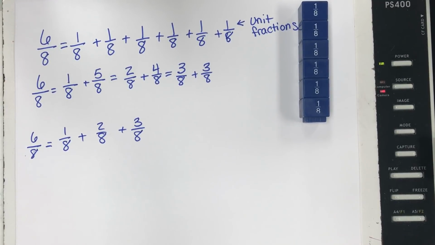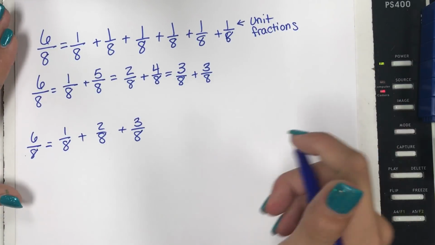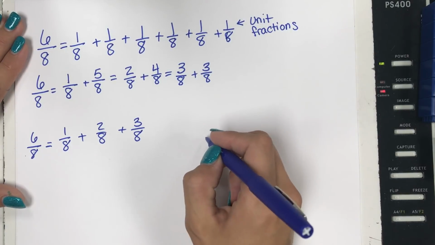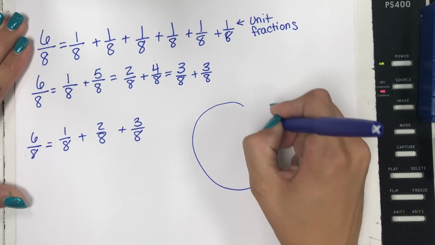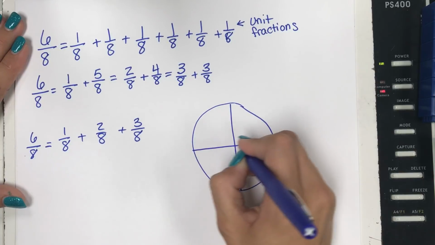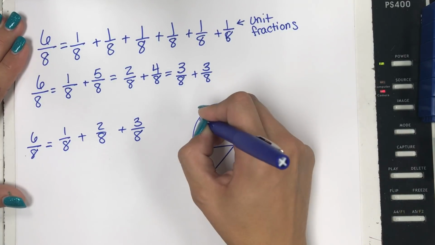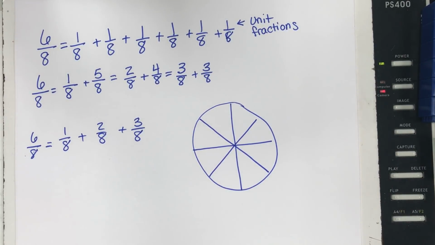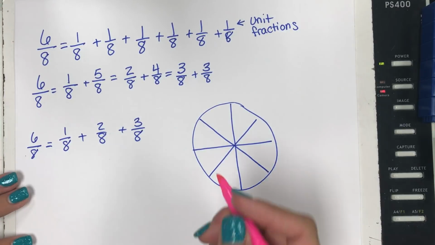Now, one of the ways that I have seen this asked on a test was something like they gave a circle and it was broken into 8ths, and they said something to the effect of which of the following represents the picture below.